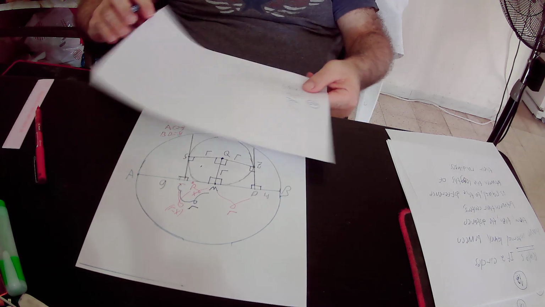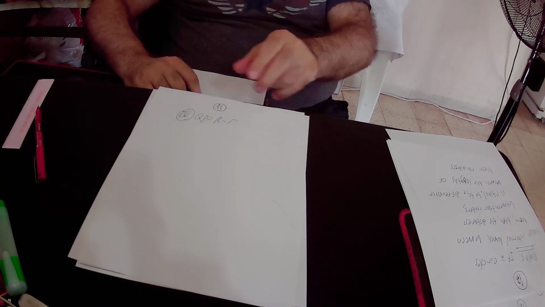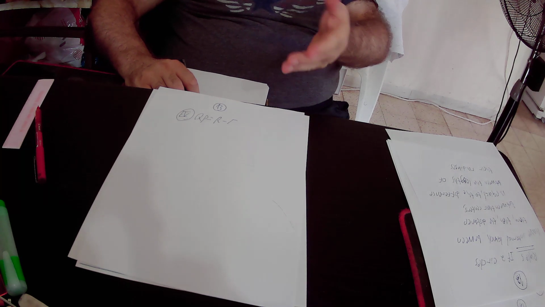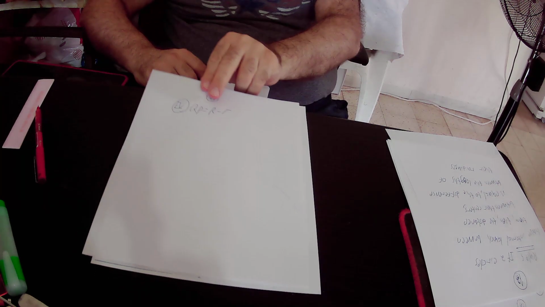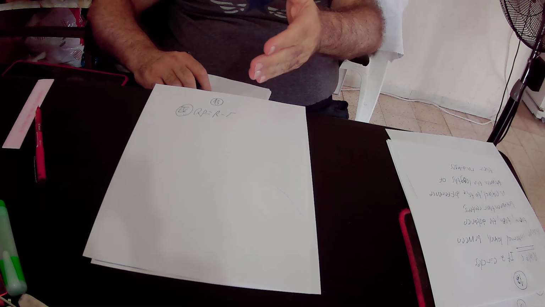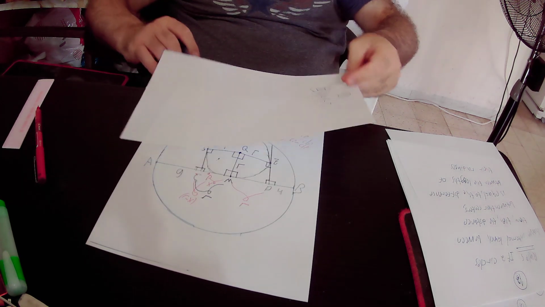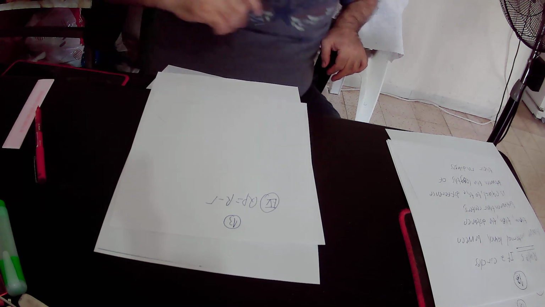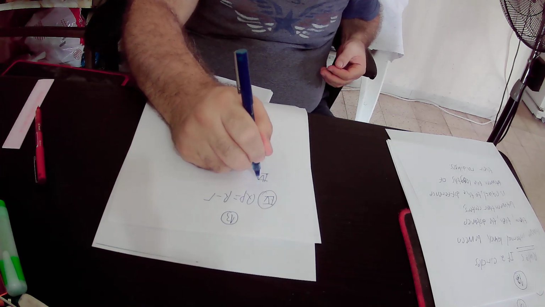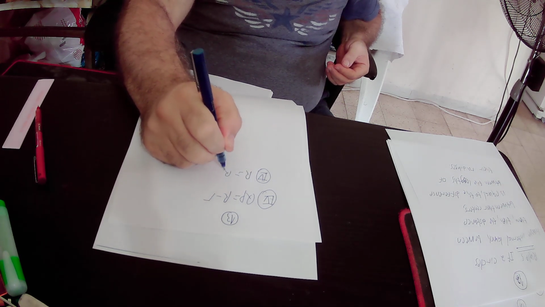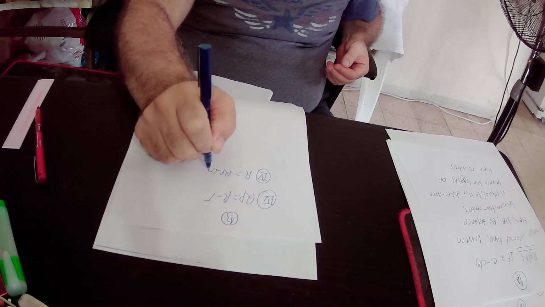So equation number 4 is the implementation of rule number 5 in our two circles: QP, the distance between the centers of these circles, is equal to capital R minus small r. Here we will add small r to this equality, and we will get that capital R equals QP plus small r.